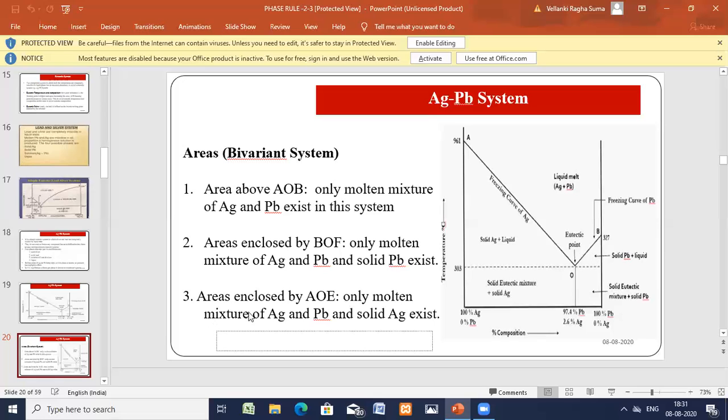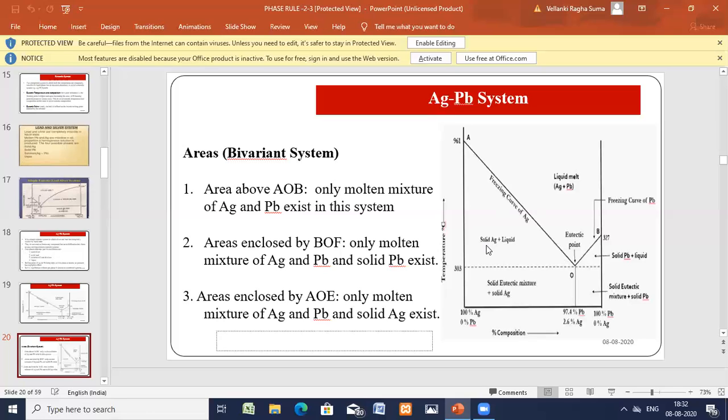Now we'll see the area enclosed, AOE. This is F, this is E. That area is done. Now this area, AOE: you have molten Ag plus Pb liquid, plus solid Ag. Very easy. In AOE you have solid Ag plus liquid, and the liquid contains Ag plus Pb.